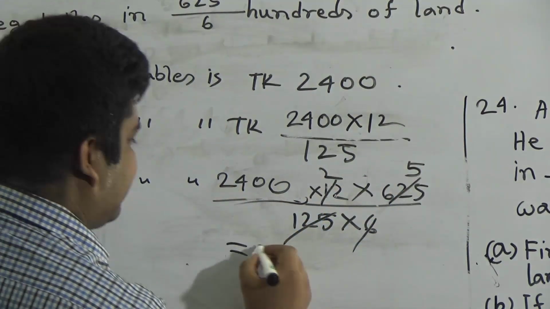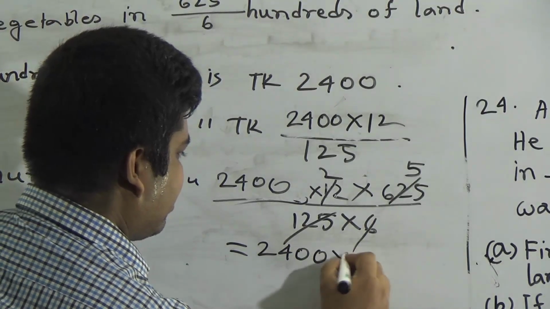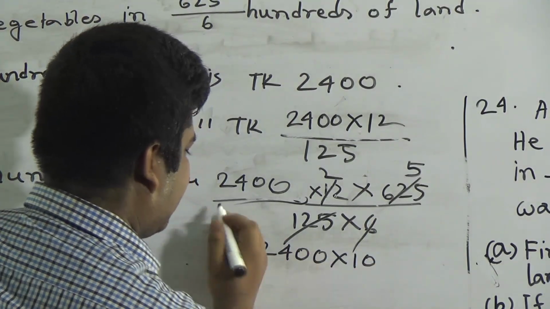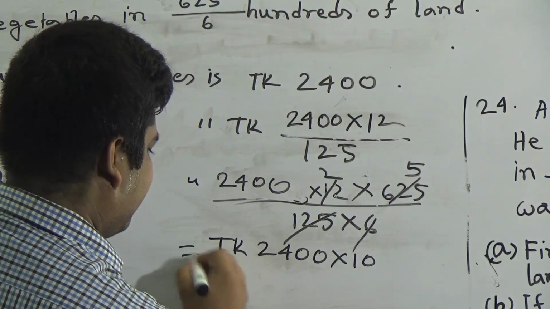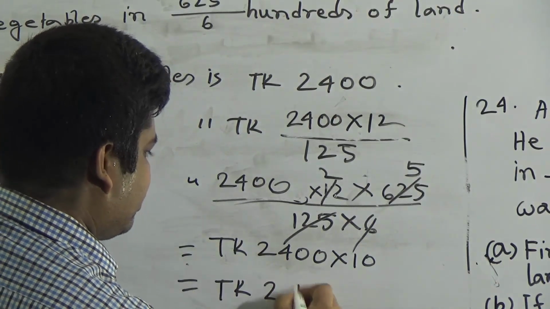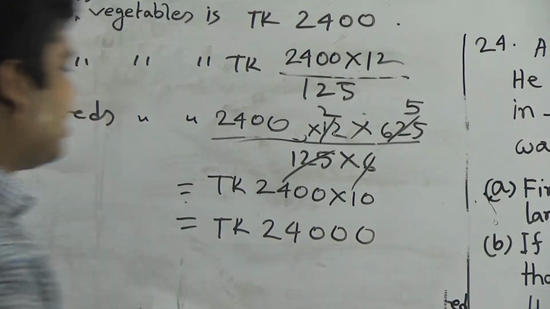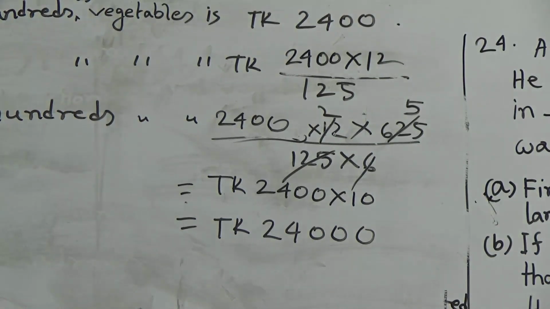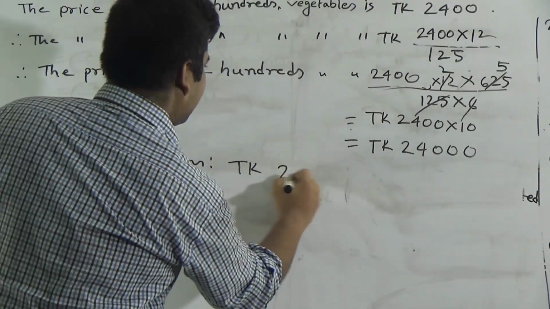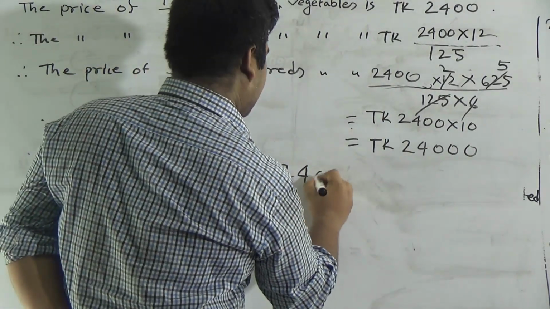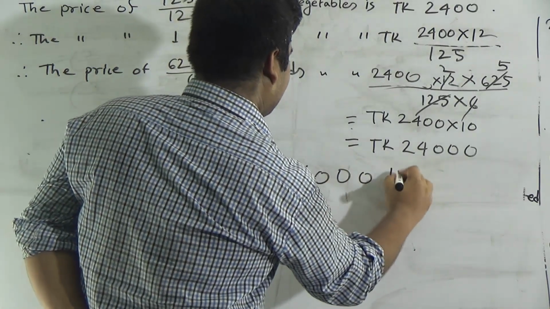This 10 is added with this, and it will be taka 24,000, and it is the required answer. I hope you have understood. My dear students, after solving you must write the answer. 24,000 taka.